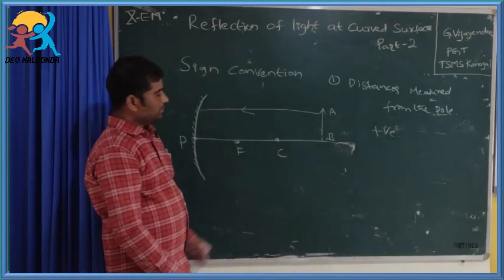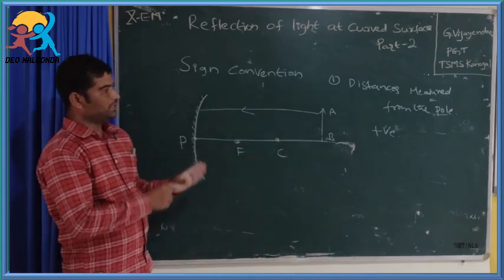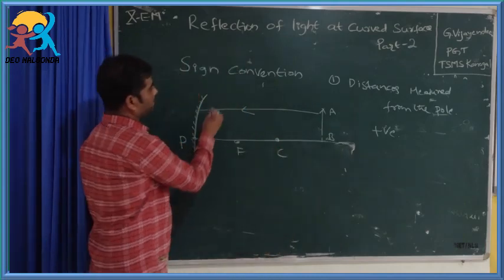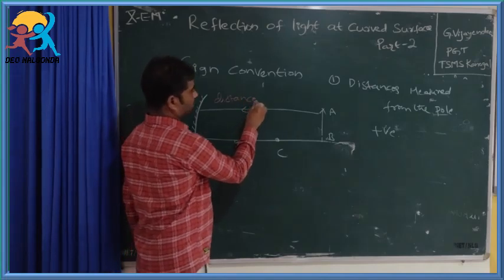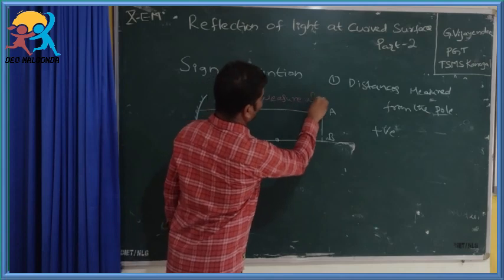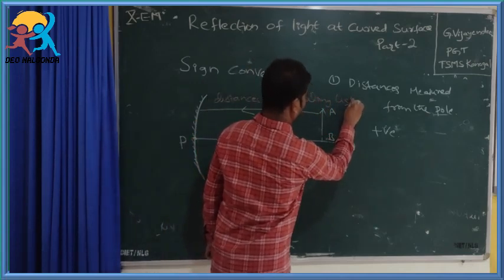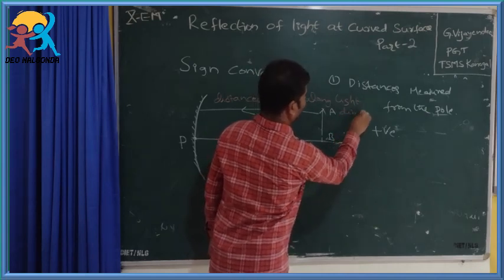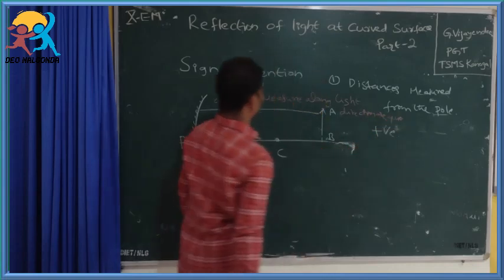That means if the light direction and the measuring direction are the same, then the distances are positive.